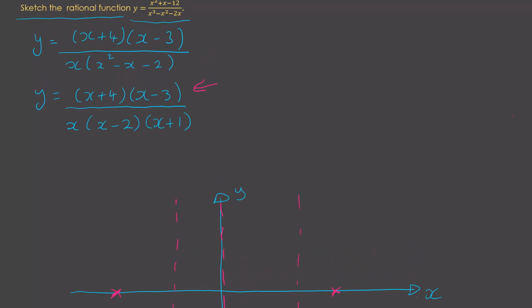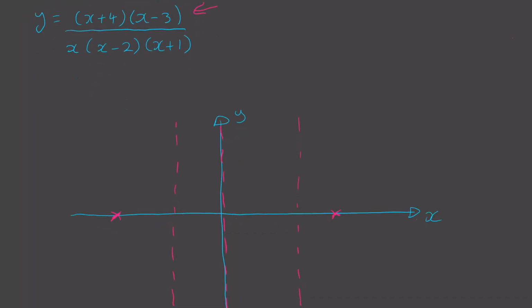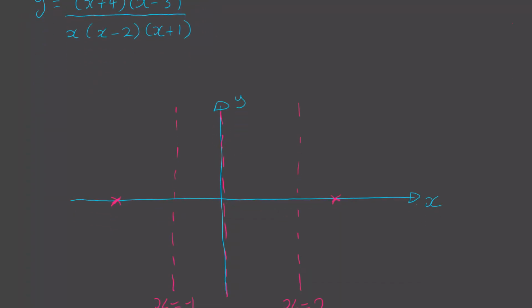We don't have a y-intercept because when x equals 0, the denominator would be 0. And that's why we have the vertical asymptote on the y-axis. The x-intercepts and the asymptotes give us key points on the graph, which we can use for an analysis of where the graph is going to be.